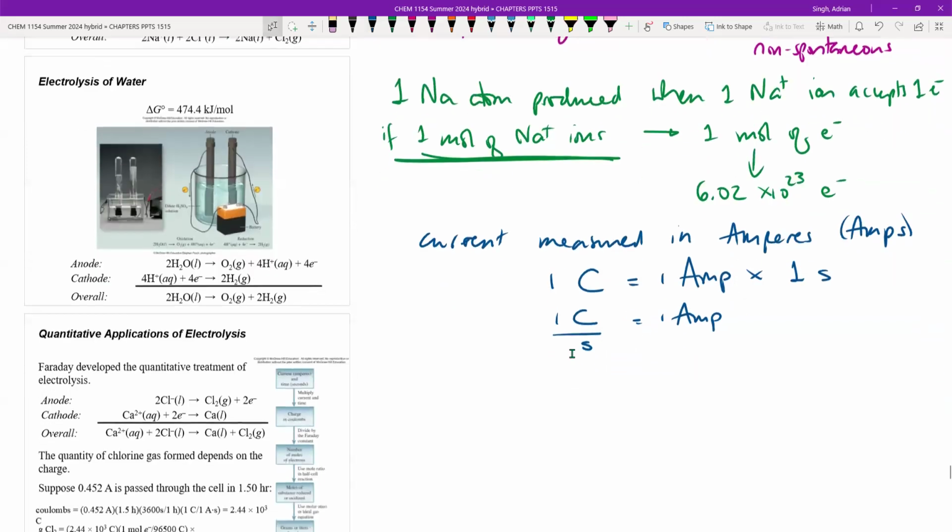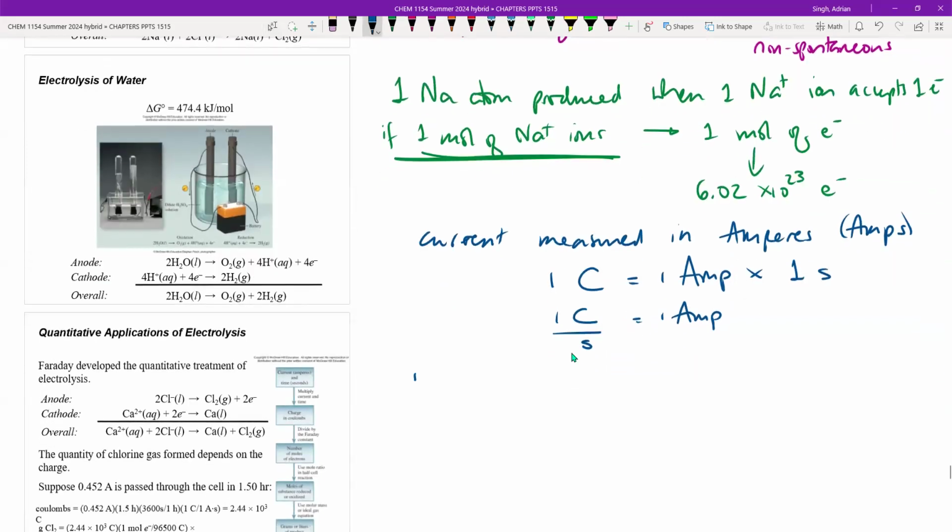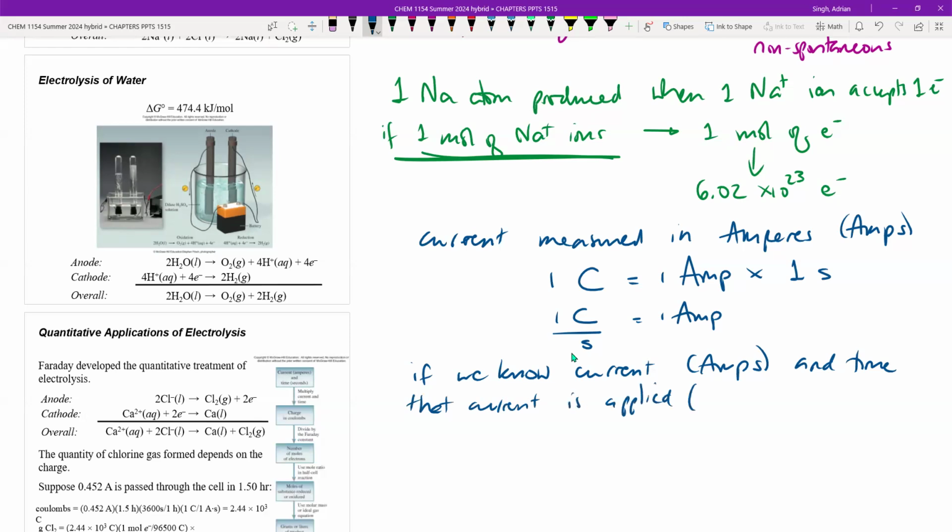So what this means is if we know the current in amps, and we know the time that current is applied in seconds, we can do a couple of calculations. We can calculate the charge in coulombs.